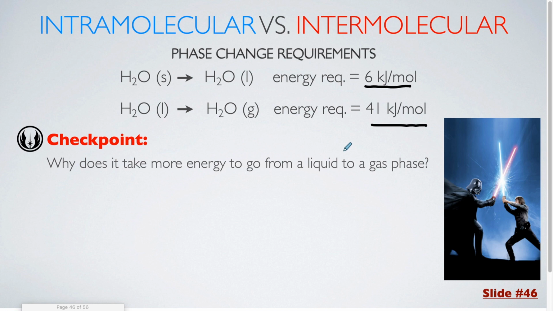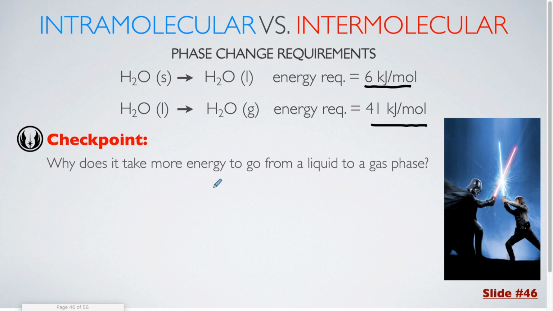So when I go from a solid to a liquid, I'm kind of straining the intermolecular forces a little bit, but I'm not completely breaking them. The molecules are still very close together and attracted to each other. Whereas when I go from a liquid to a gas, those H2Os are completely separating from each other. So since I need to completely break the intermolecular force, of course, it's going to take a lot more energy in order to do that.